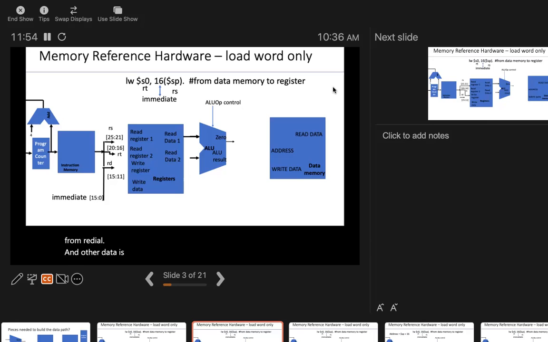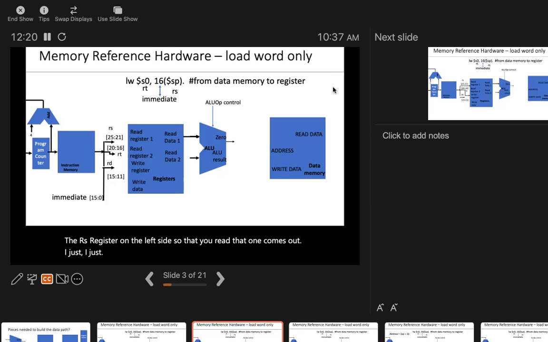We need to do immediate plus the RS value. Let's talk about the RS register. Where would you feed the RS register on the left side so that read data one comes out as the RS value? You will connect the RS to read register one.